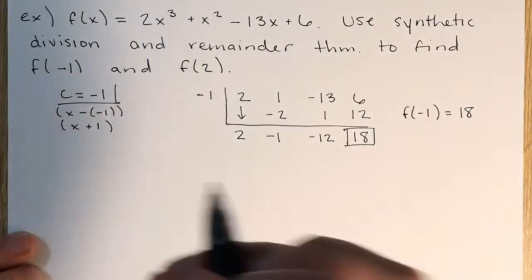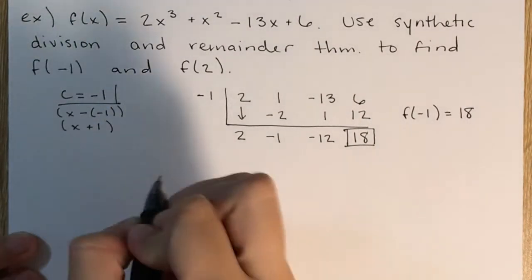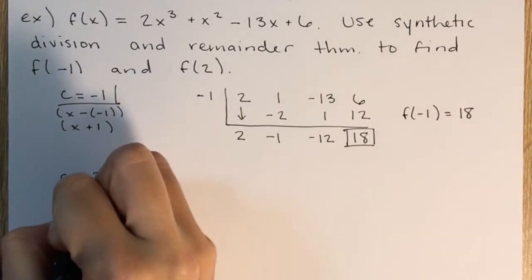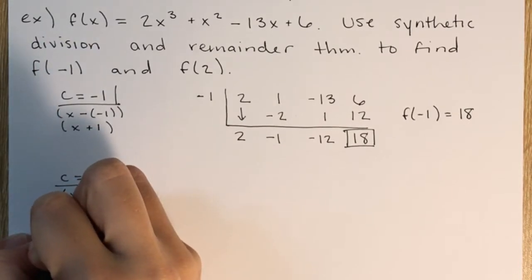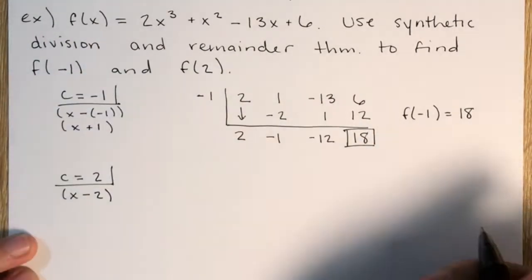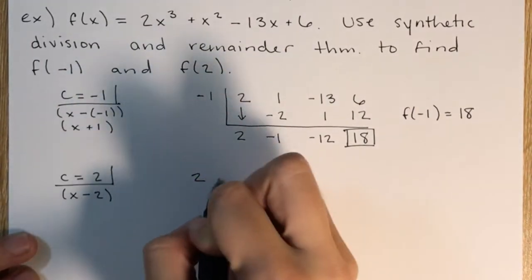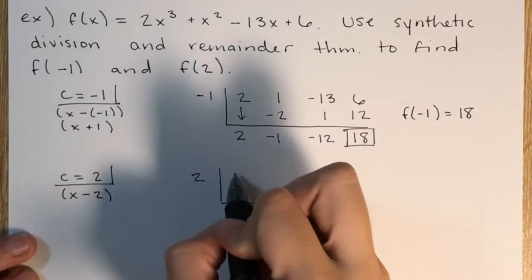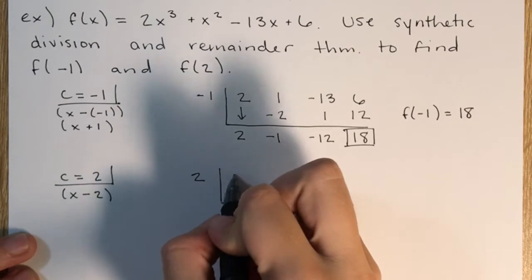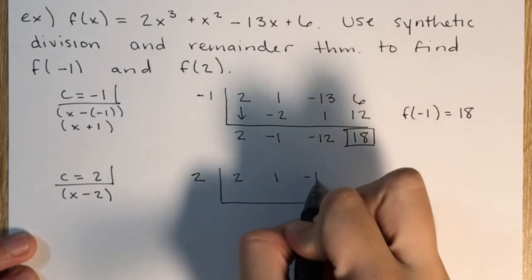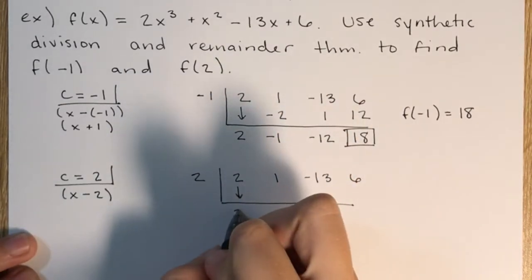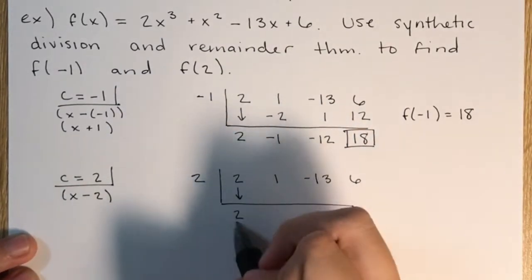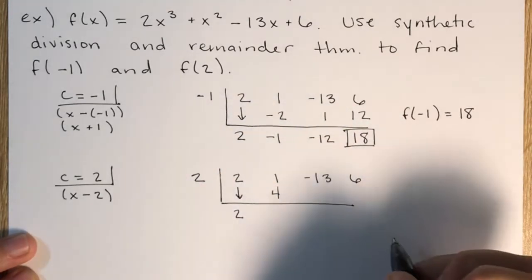That's f of negative 1. Now let's look at f of 2. So here c is 2. That means we are looking at what happens when we divide by x minus 2. 2 goes up here in the corner. We write out our coefficients. We bring down the leading coefficient. We multiply, we get 4.